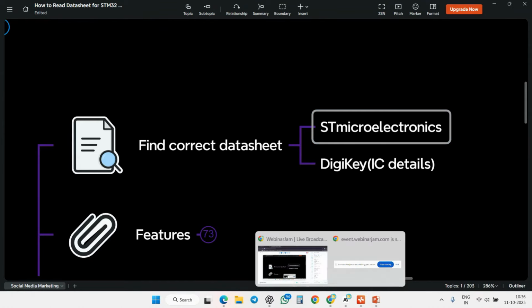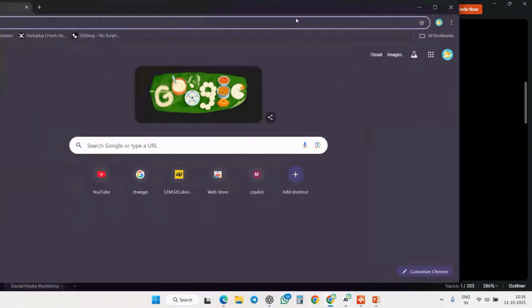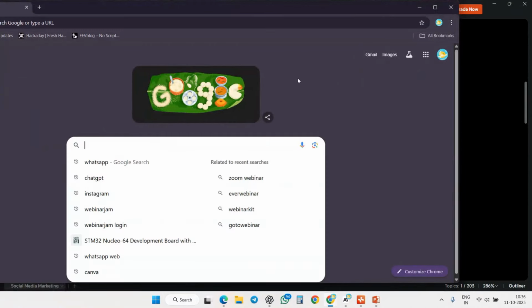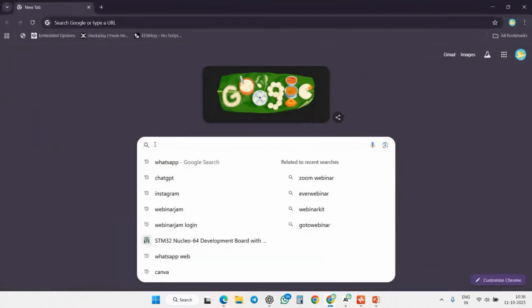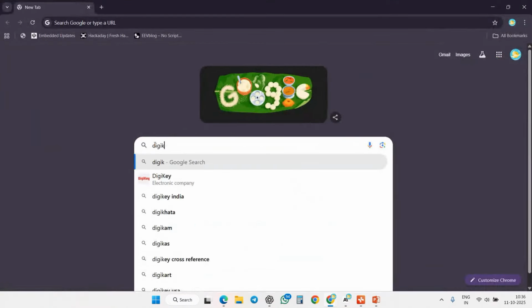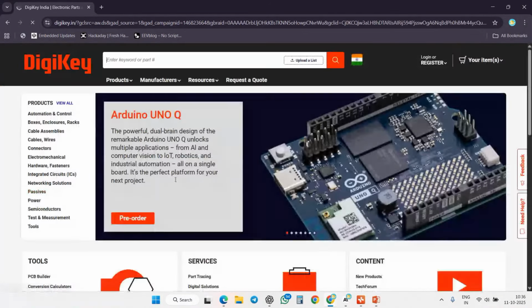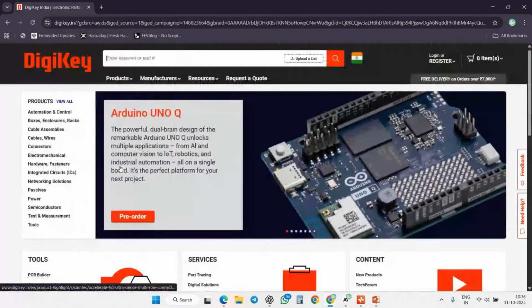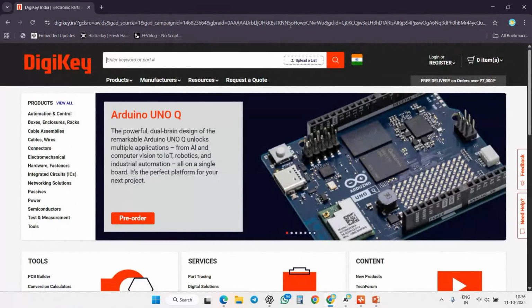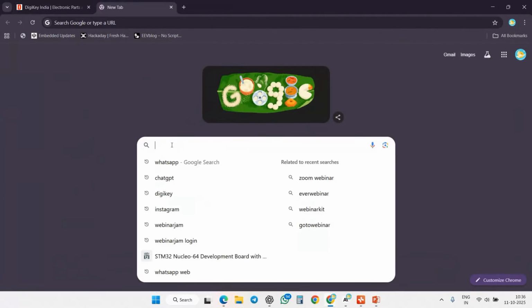So two things to keep in mind. To get the data sheet, you can get it from the DigiKey website, where you can get all the products, all the data sheets, everything. Or you can use the specific website of whoever manufactured that microcontroller.